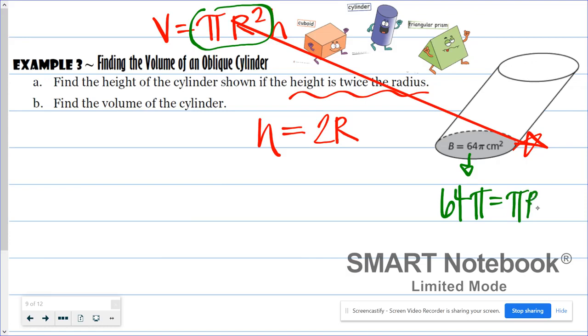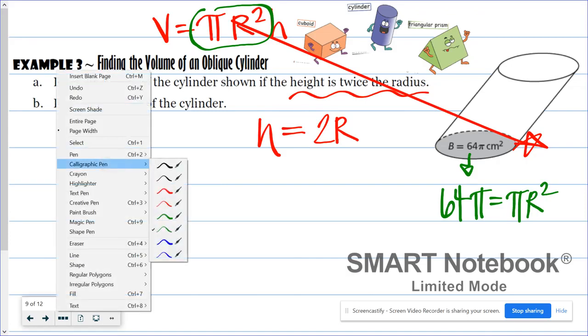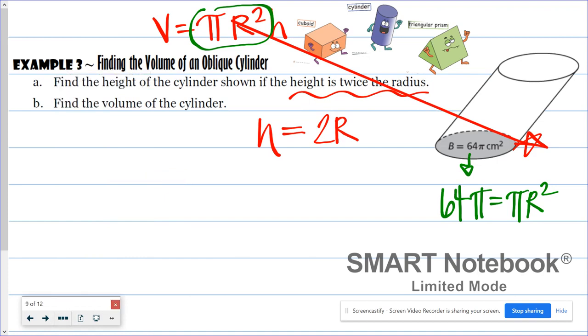So I can solve this equation for r. Notice that pi is on both sides of the equation. So if I divide both sides by pi, the pi's cancel out. Now I'm left with 64 is equal to the radius squared.